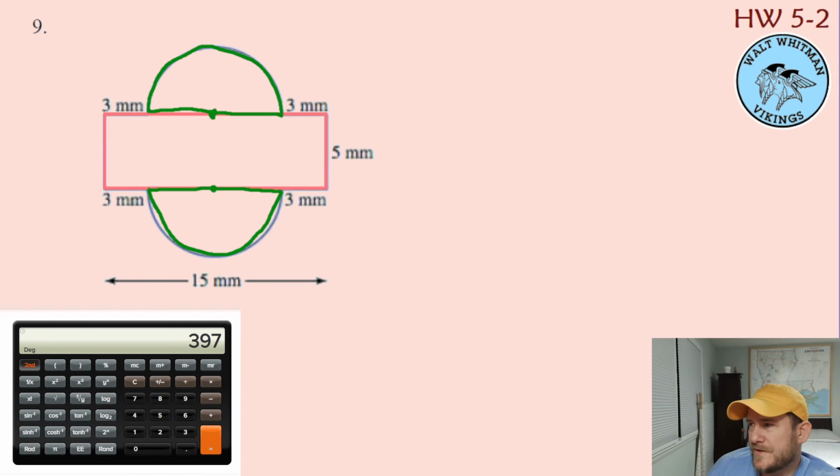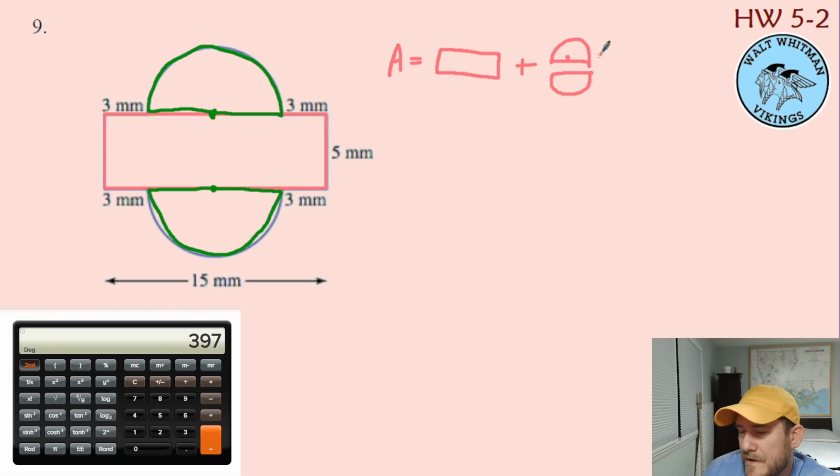So it's good that this time we're seeing a problem where we actually want to do the area of this big rectangle, then we want to add on the semicircle and another semicircle, which, by the way, two semicircles just make one whole circle, right? So there's no reason doing them separately. You know that's really one big circle.